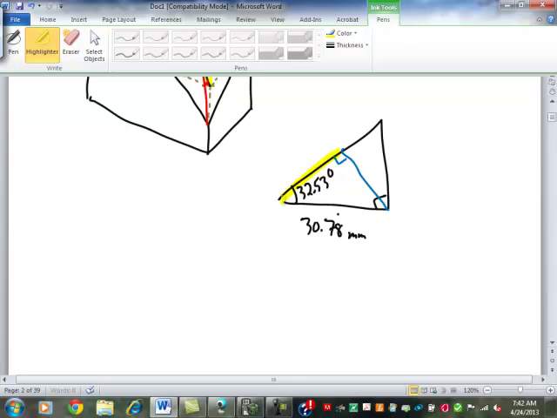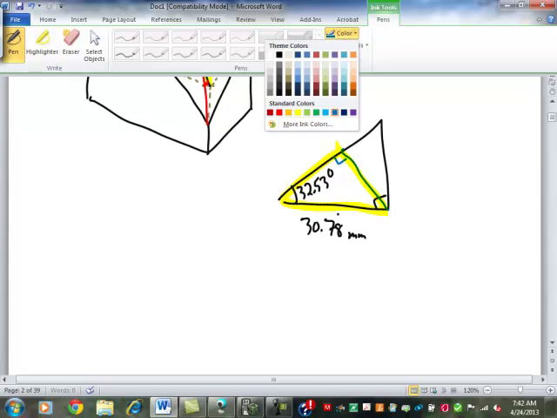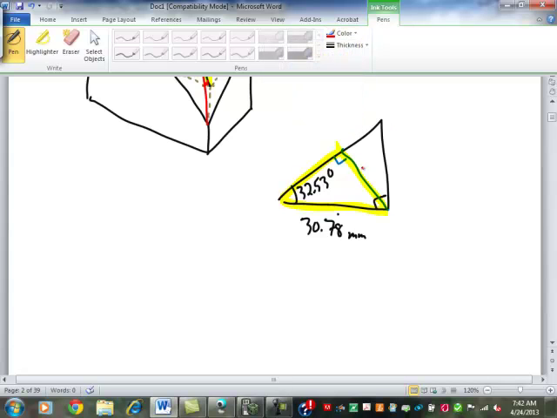So now we can look at this being our right triangle. What we're looking for over here, I'll call that Z, is just the opposite side according to this angle. This is now the hypotenuse because our right angle's over here. Opposite and hypotenuse make sine. So we have now the sine of 32.53 degrees equals Z over 30.78 millimeters.